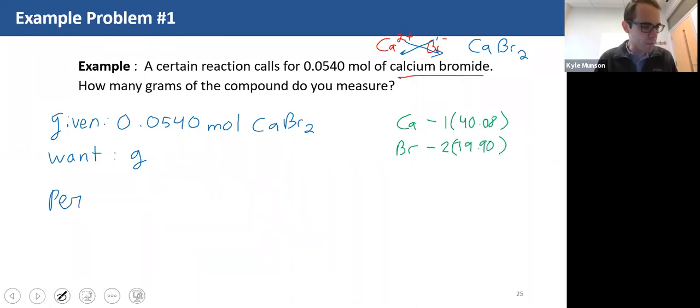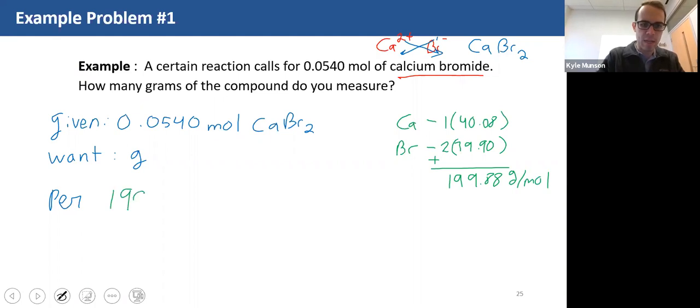My handwriting is a little bad in my own notes, so it looks kind of like a 4, but I think it's 79.90 here. So we multiply and then add them up, and you should get 199.88 grams per mole. Okay, so that's my per expression, 199.88 grams per mole.